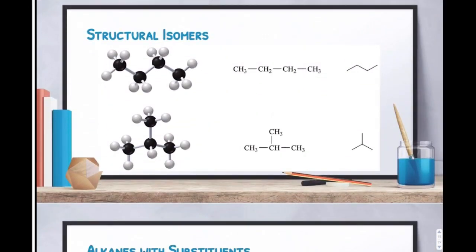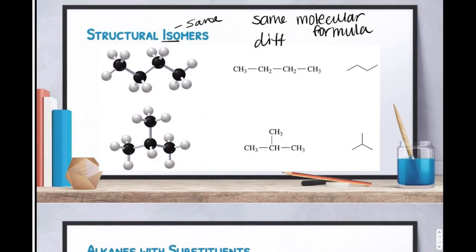So a structural isomer, remember iso means the same. So what's the same about a structural isomer? It has the same molecular formula, but it has a different structure. So it's set up differently, but it has the same number of carbons and hydrogens. So let's look at this guy.